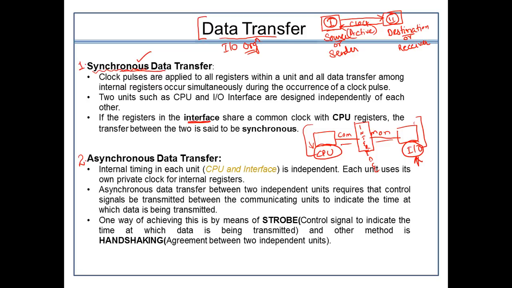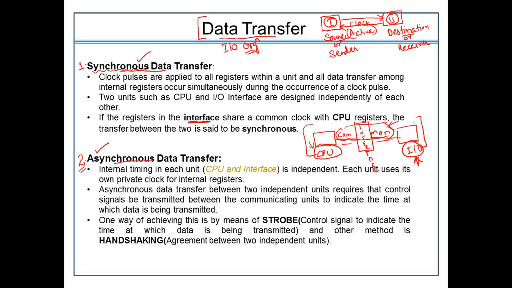Both are independent units. They don't depend upon each other. So having a common clock pulse between the two would be very hard. That is why, within data transfer techniques, we always follow the approach of asynchronous data transfer.